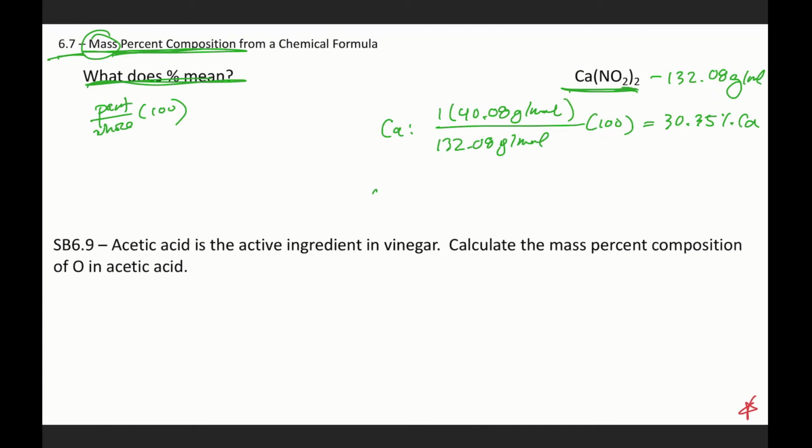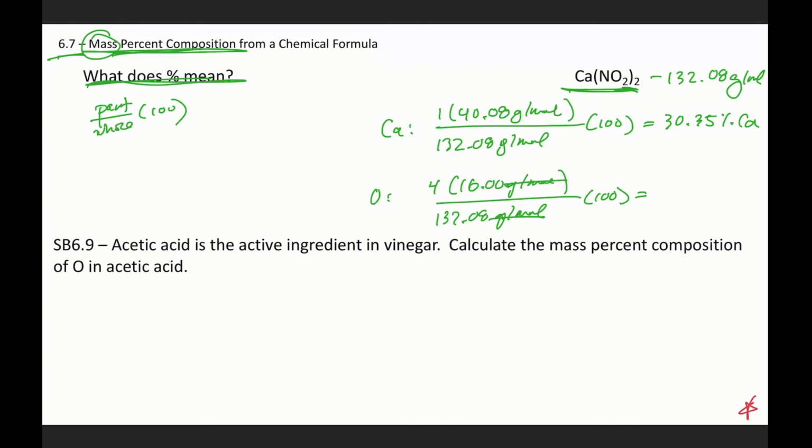So for oxygen, it would be 4 times 16 grams per mole over 132.08 grams per mole times 100, and that would give us our percent of oxygen. And note, the percent is unitless because that's like having x over x and they cancel.